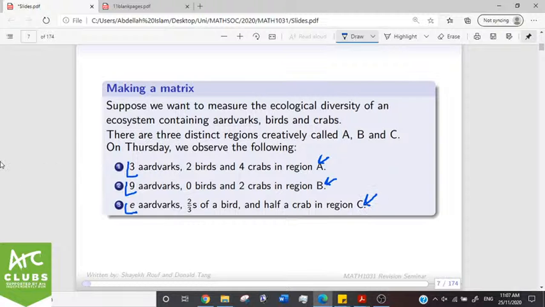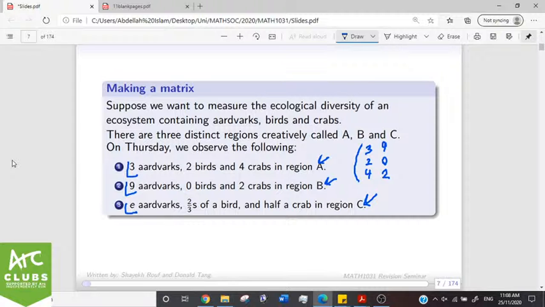If we have 3 aardvarks, 2 birds, 4 crabs, then we would write 3, 2, 4, and that's in region A. Then in region B, we have 9 aardvarks, no birds, 2 crabs.